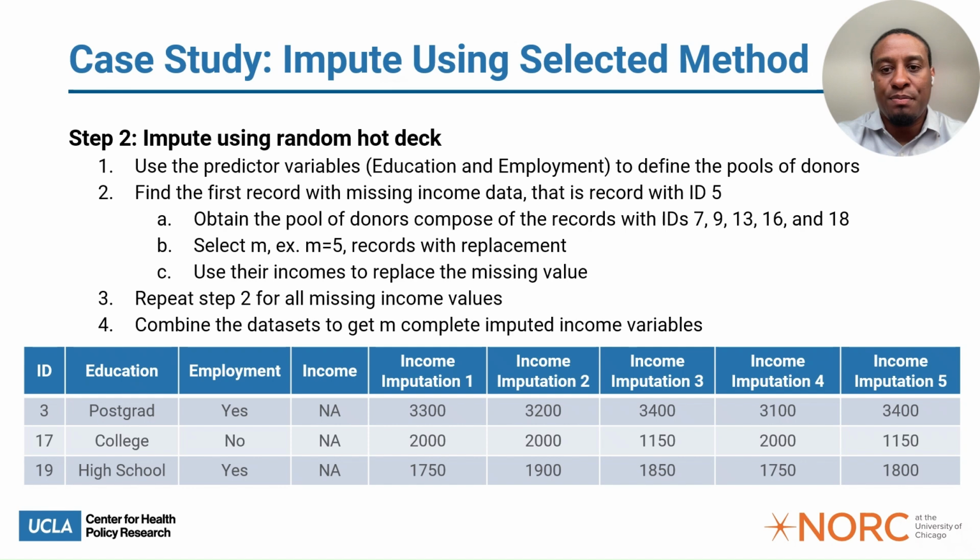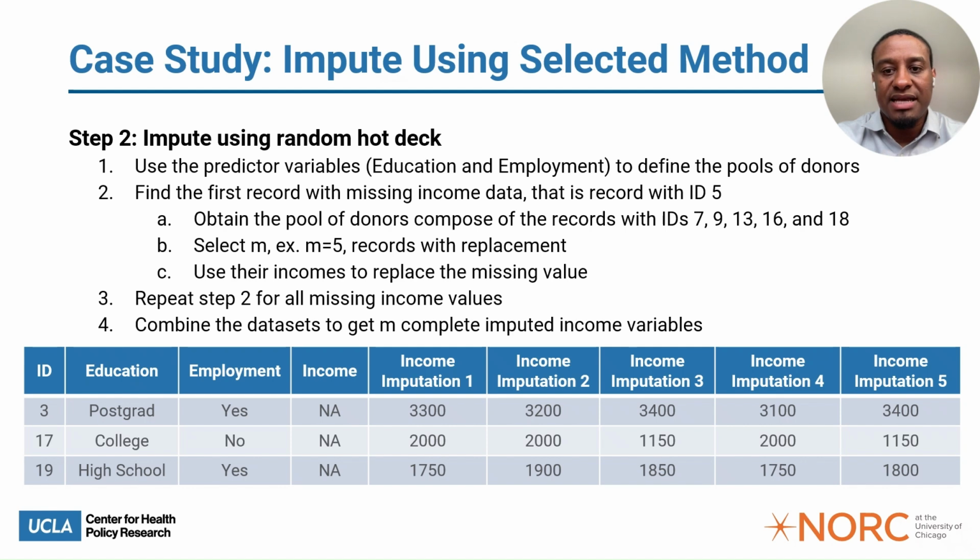For step 2, we perform imputation using a random hot deck method. We use the predictor variables, education and employment, to define pools of donors for each missing record. Donors are the individuals with observed income values who share the same education and employment status as a record with missing data.